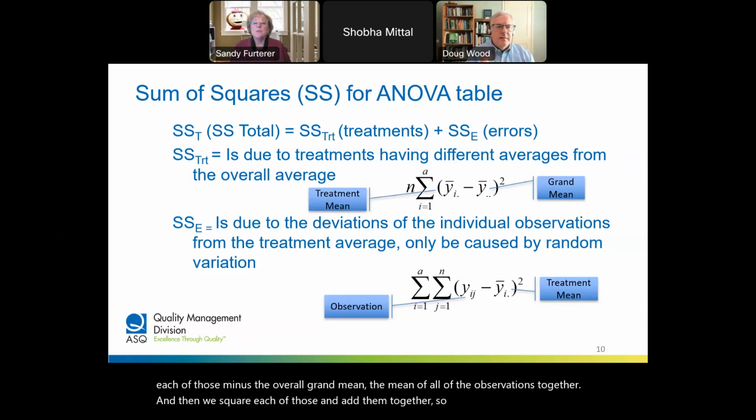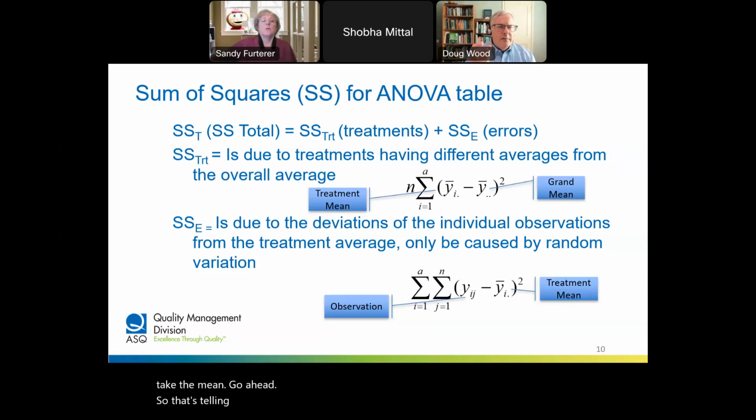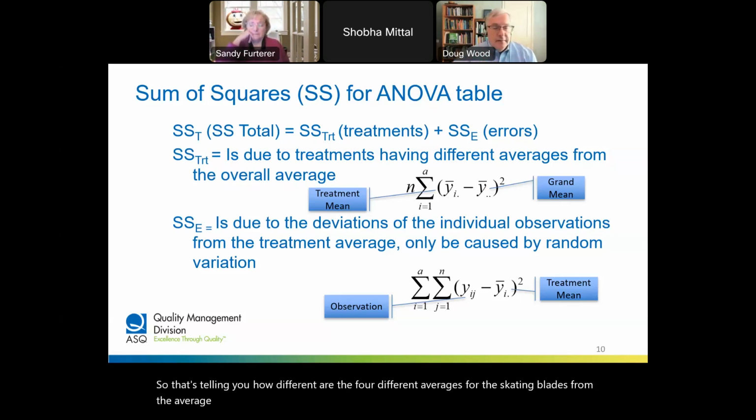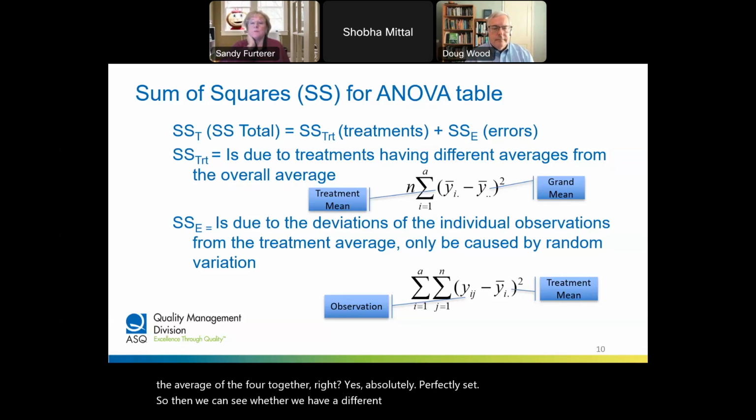So it's really pretty simple. That's telling you how different the 4 averages for the skating blades are from the average of the 4 together, right? Yes, absolutely. Perfectly said. So then we can see whether we have a difference between those means by that formula.